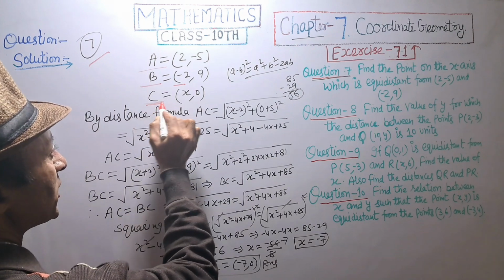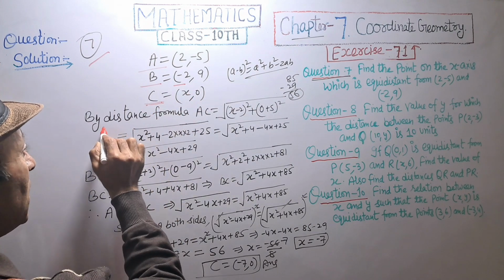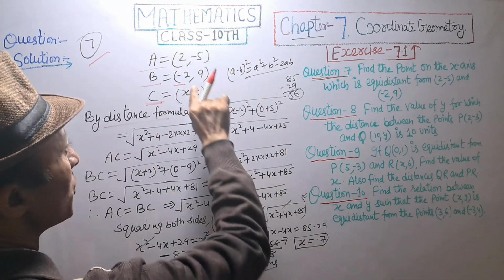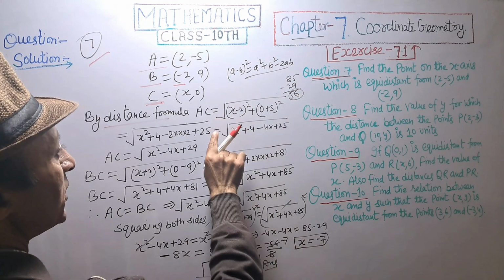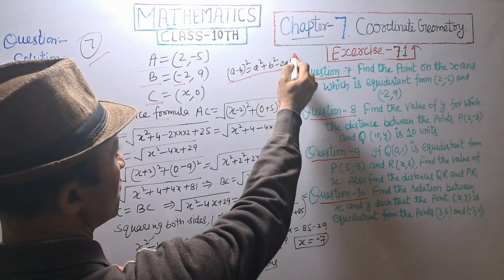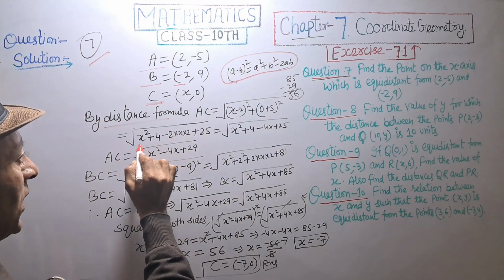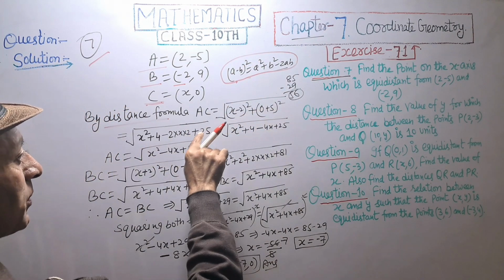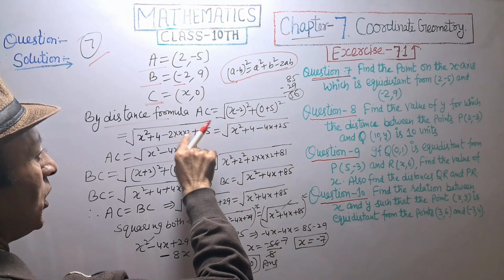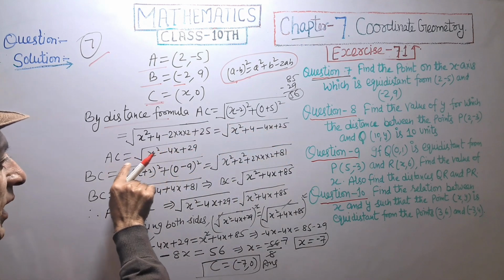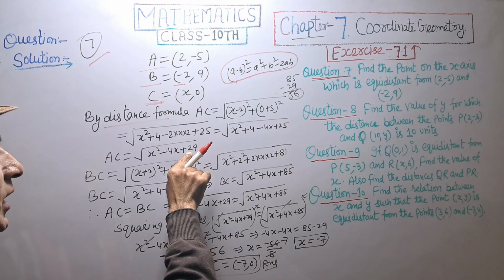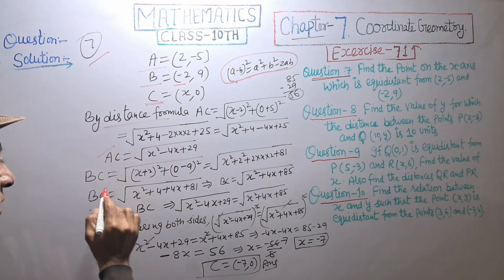Find by the distance formula, AC is equal to the square root of (x2 minus x1) squared plus (y2 minus y1) squared. Using (a minus b) whole squared is a squared plus b squared minus 2ab, plus 5 fives are 25, that is x squared plus 4 minus 4x plus 25. AC is equal to the square root of x squared minus 4x plus 29. That is the value of AC.